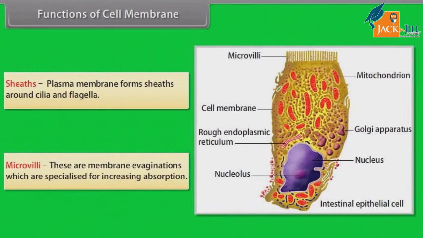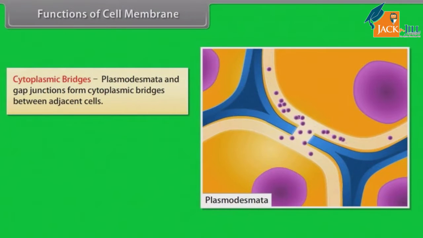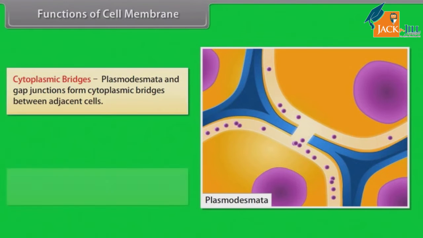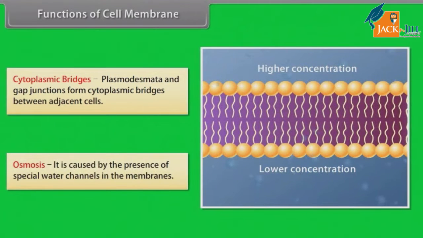Microvilli. These are membrane evaginations which are specialized for increasing absorption. Cytoplasmic bridges. Plasmodesmata and gap junctions form cytoplasmic bridges between adjacent cells. Osmosis. It is caused by the presence of special water channels in the membranes.